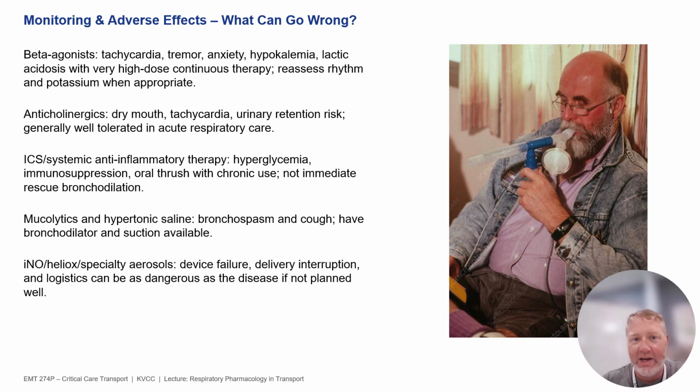At very high continuous doses, you can also see lactic acidosis, which can really confuse your interpretation of the point of care lactate in a septic appearing patient. Just something to keep in mind.